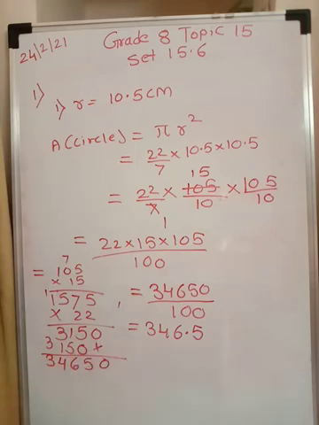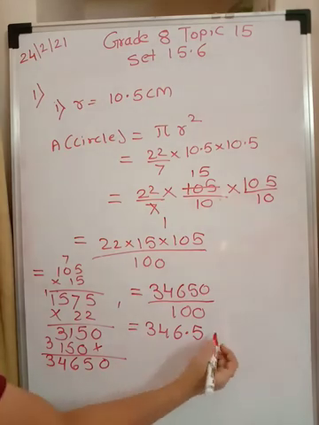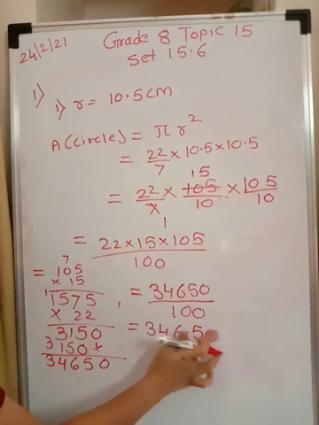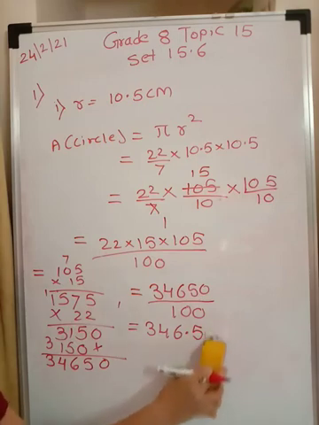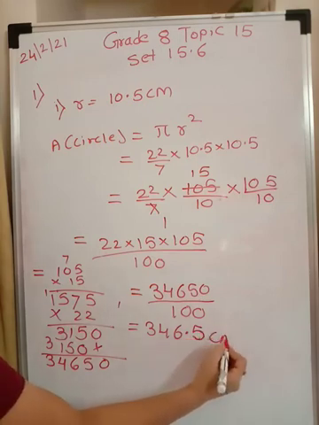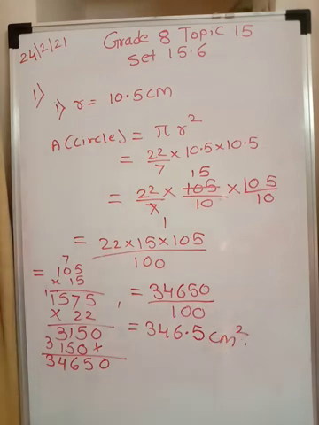So you can write it as 346.50 or 346.5. Both are the same. If you don't write the 0, this is also right. So you have centimeter square. Please be very careful with calculations. You need to do it very well.